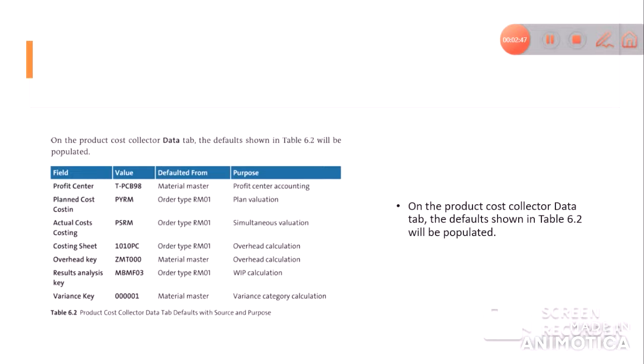Costing sheet is defaulted from order type. Simultaneous valuation, overhead calculation, and overhead key from material master. Result analysis key from order type. Variance key from material master.